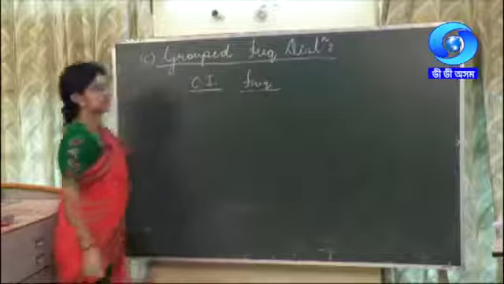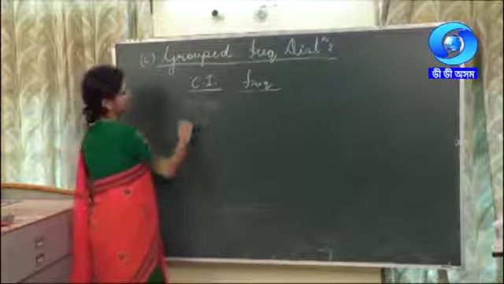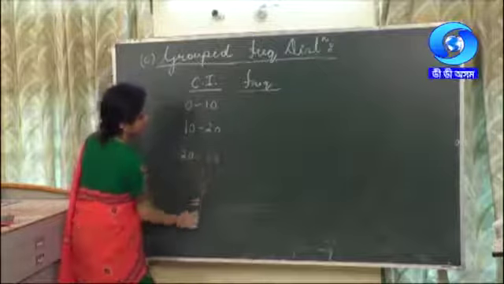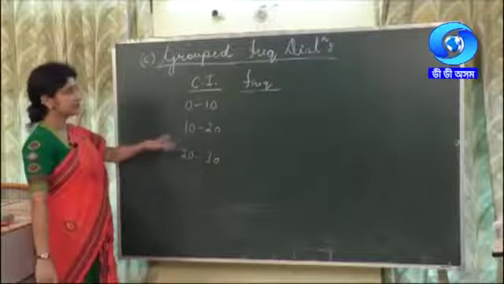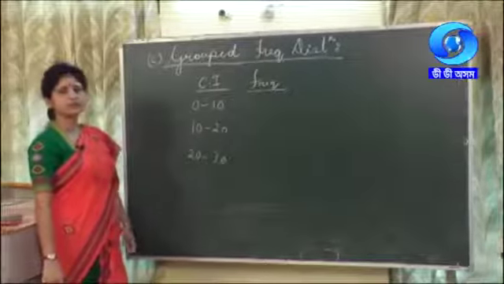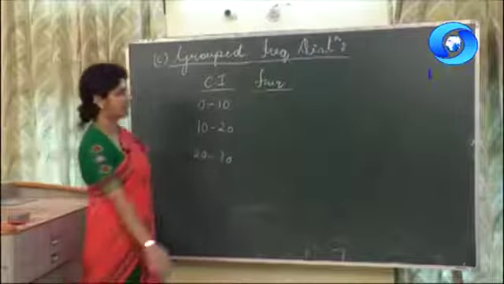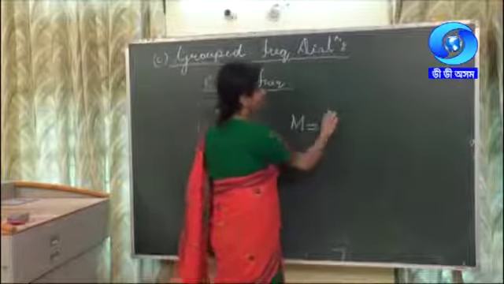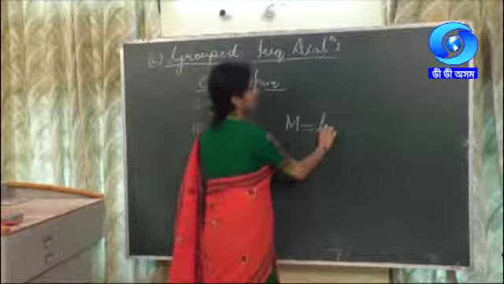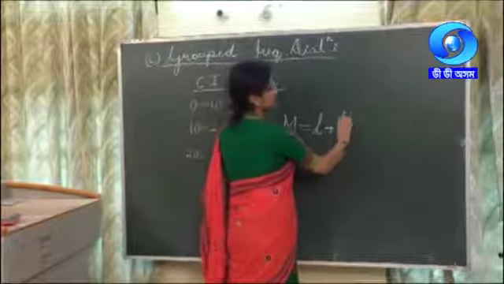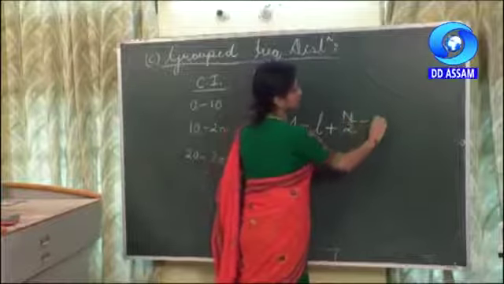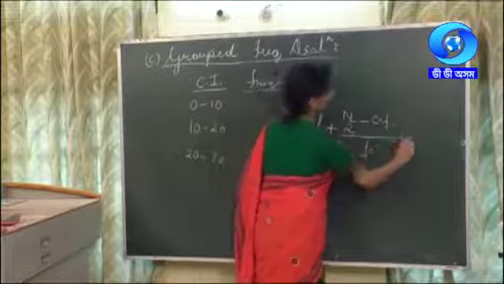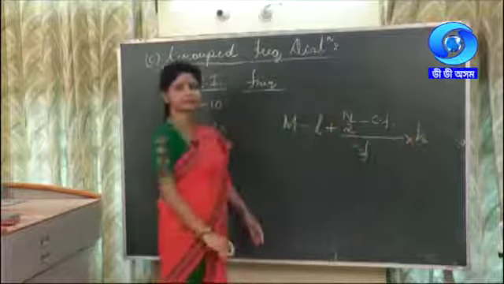If the structure is like this, say 0 to 10, 10 to 20, 20 to 30, etc. Alright, in such a case, we shall make use of a formula for finding median. Median is equal to L plus n by 2 minus CF by F into H.